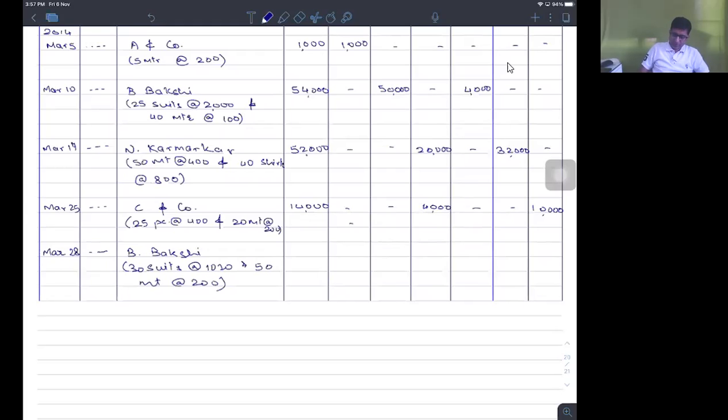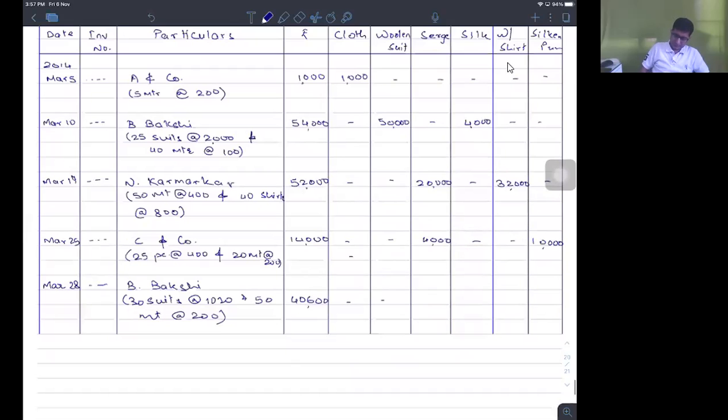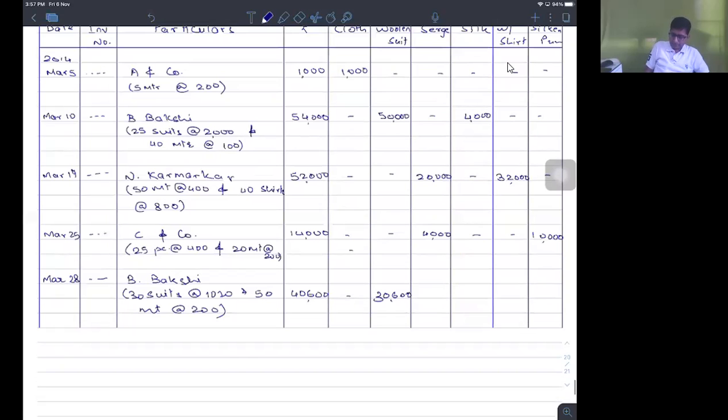So the total value of purchase comes to 40,600 in that case, out of which woolen suits are of 30,600. Yes or no? And silk is of 10,000. Correct or not?